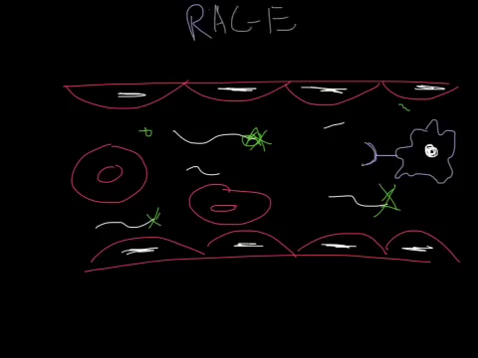Gives you a sense that it's a good way to remember that these are not very good receptors for you. They're not happy receptors. So the advanced glycated end products end up binding to their receptors, which causes a release from T cells and macrophages of various factors.